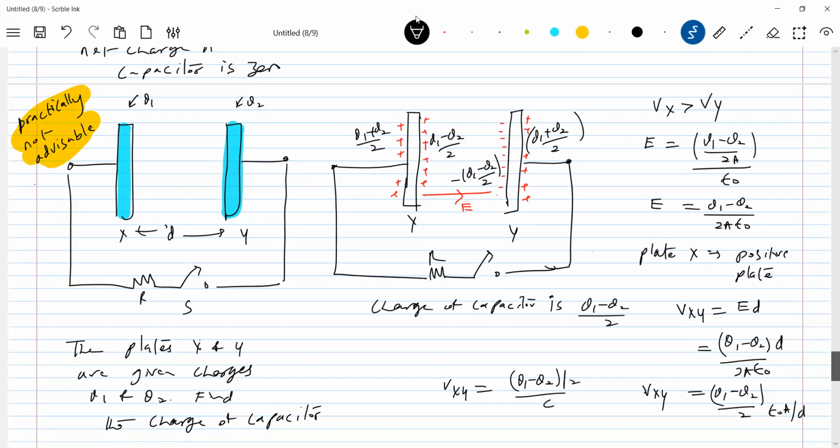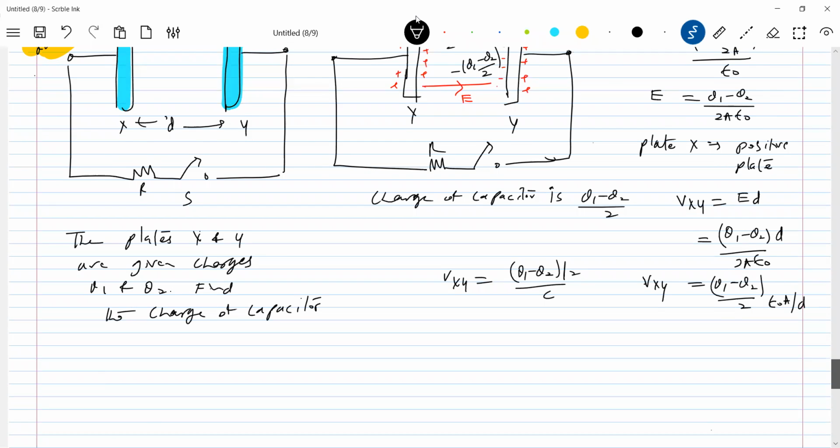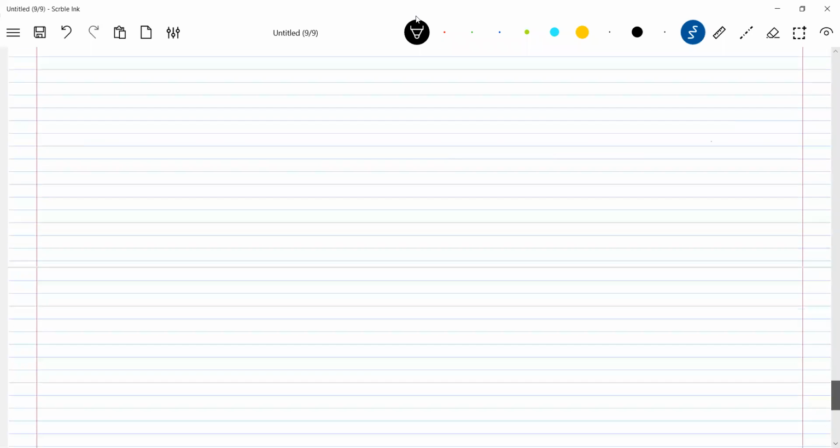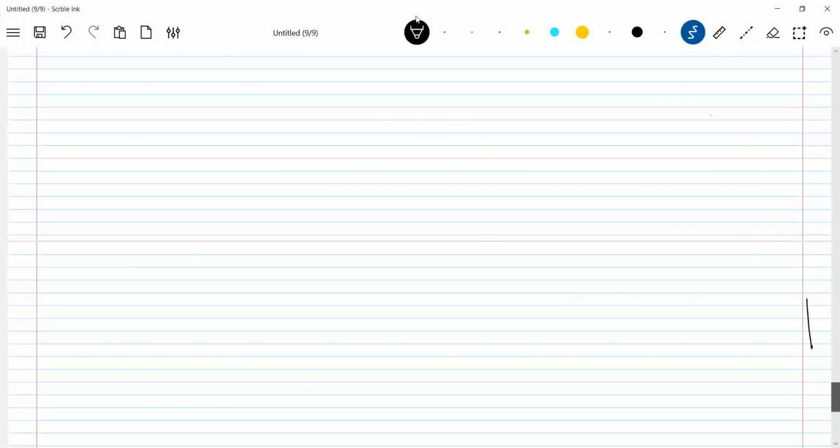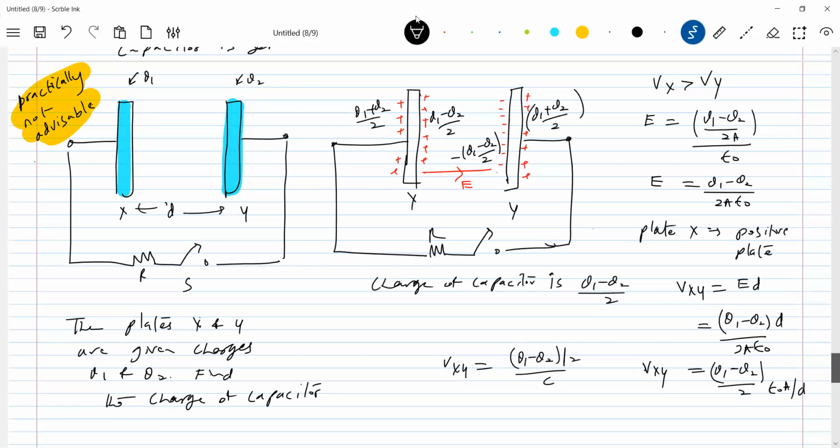Whatever the heat generated, I'll close the switch. So we'll move to the next part of the problem. Heat generated. After closing the switch, how much heat will be generated? What charge will flow here? Only the charge on the inner surface of the plates.